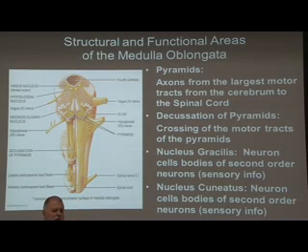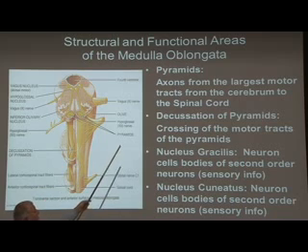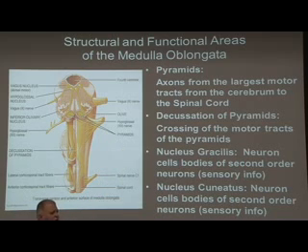So when we are contracting our left hand, it's actually the right side of our brain doing it, because these cross in the pyramid. The opposite side of the brain controls the muscles on the opposite side of the body. So if you have a patient who's had a stroke on the right side of their frontal lobe, the paralysis we would see would be on the left side.